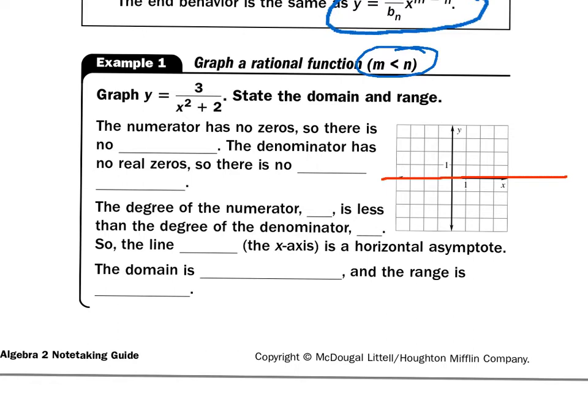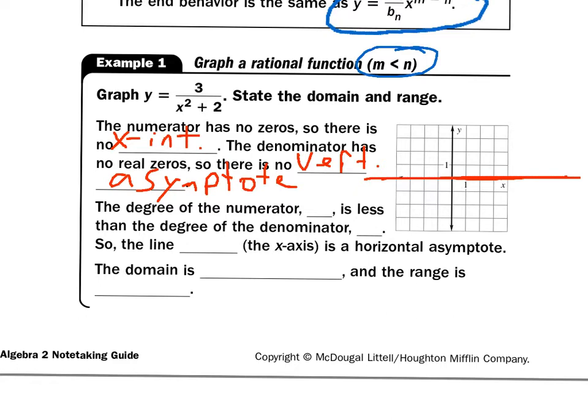The numerator has no zeros, so there is no x-intercept. So it's never going to come inside and touch my asymptote line, obviously, so there are no zeros. The denominator has no real zeros, and if there are no real zeros on the denominator, you don't have a vertical asymptote at all.